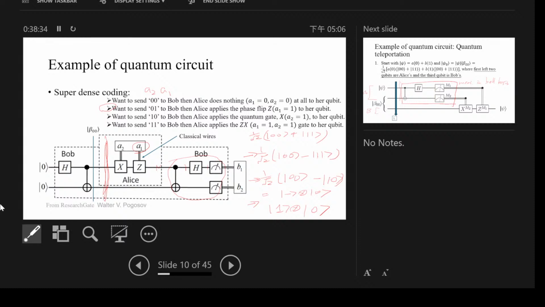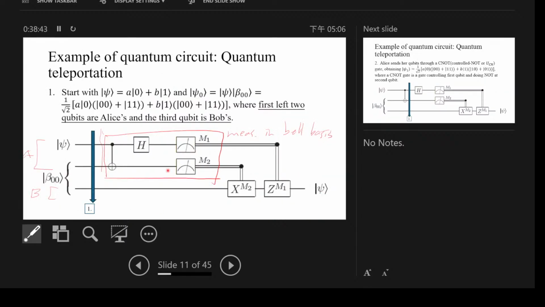And yeah, this is superdense coding in terms of a quantum circuit. And also we can express our teleportation protocol in a quantum circuit too. For teleportation, we actually have 3 qubits.